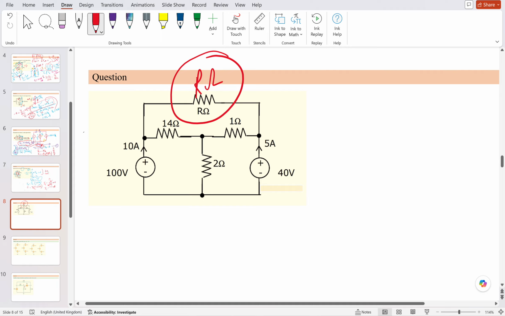Sir, 12 ohm. Write in the chat box, we will check that. Verify again whether it is correct or not.